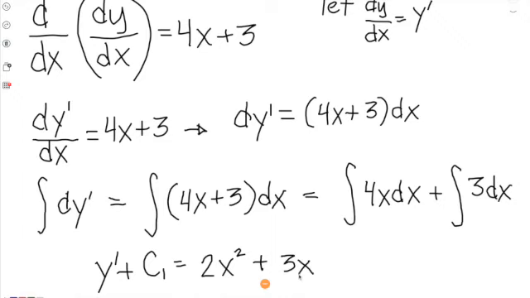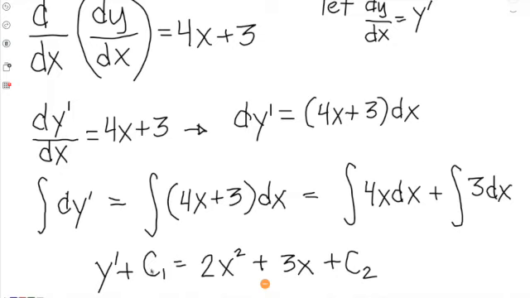I hope at this point you can follow, and we don't have to discuss in detail how the power formula is utilized in this one. And of course, we have our constant of integration. Let's call that C sub 2. So now we have this equation, we have constants C1 and C2.